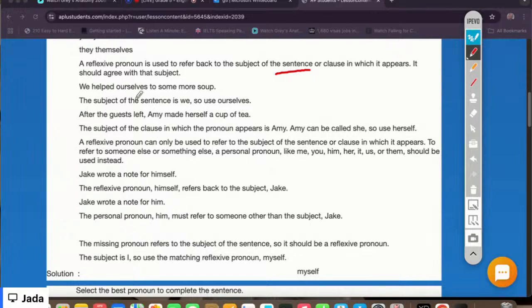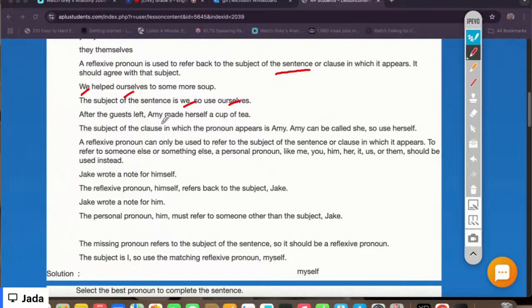Okay, so: We helped ourselves to some more soup. As you can see, we and ourselves go together. So that's why there should be an agreement between the subject and the pronoun. The subject of the sentence is we, so we use ourselves. After the guest left, Amy made herself a cup of tea.